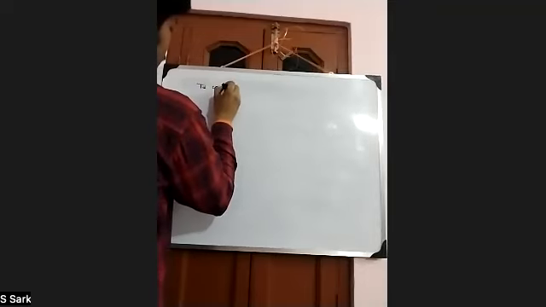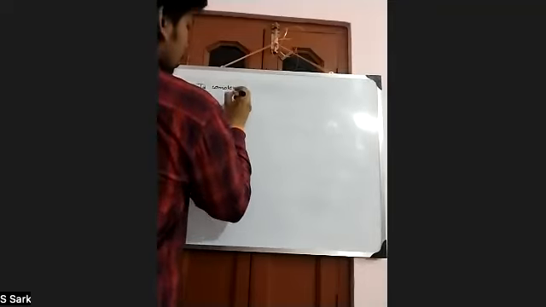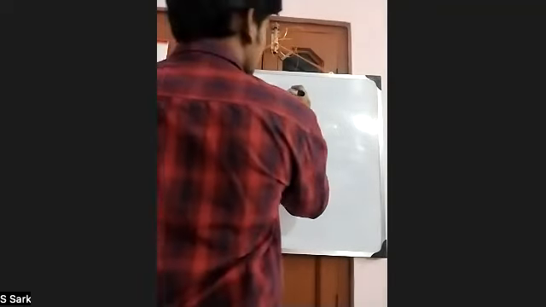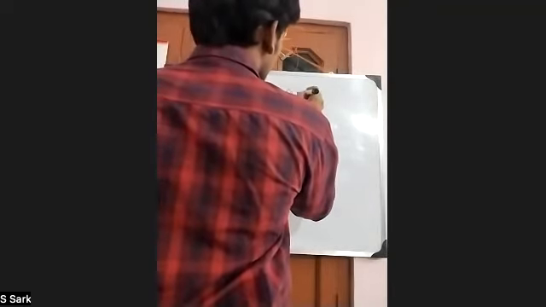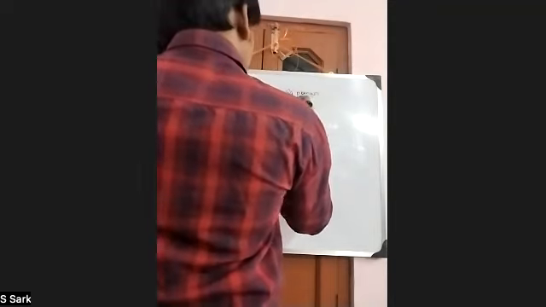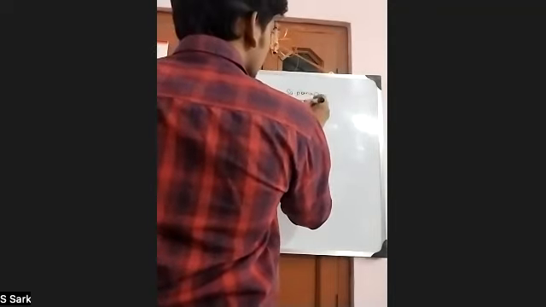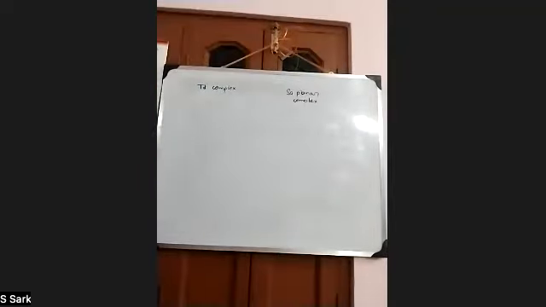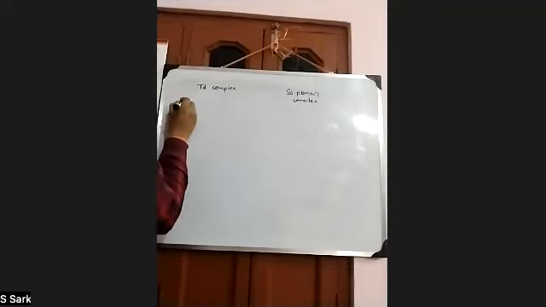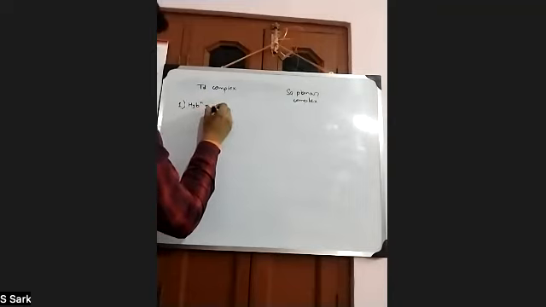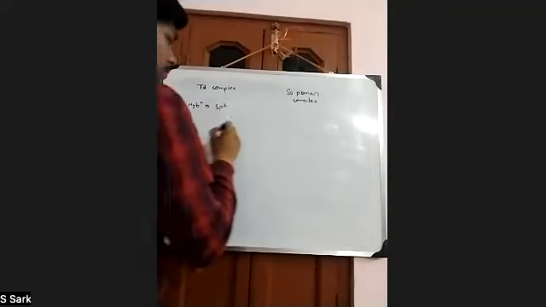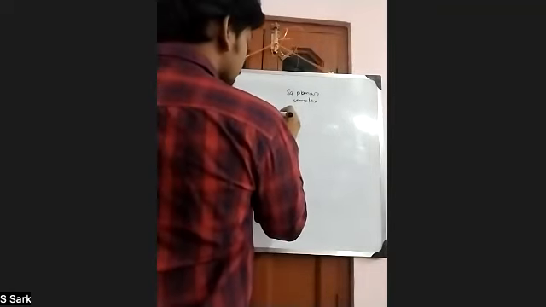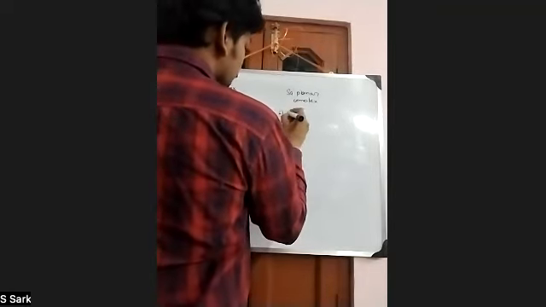So now we will be seeing the inner phenomenon of a tetrahedral complex and a square planar complex. In case of a tetrahedral complex, we have seen that the hybridization of this type of complex is sp3, and in case of a square planar complex, the hybridization is dsp2.